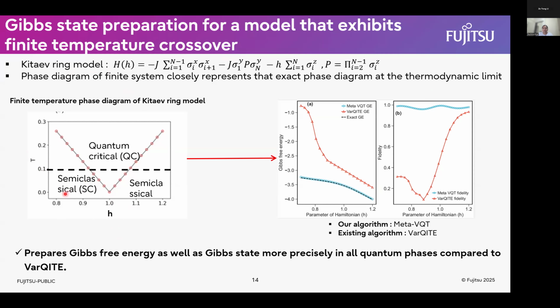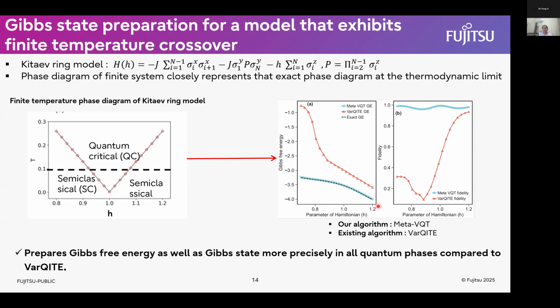So we have considered a set of parameters across this dotted line, and we observed how efficiently our algorithm is able to prepare the Gibbs state across this transition region. When we look at the Gibbs free energy and the fidelity, the blue color is our method and the red one is the Warkite, which I have explained briefly earlier.